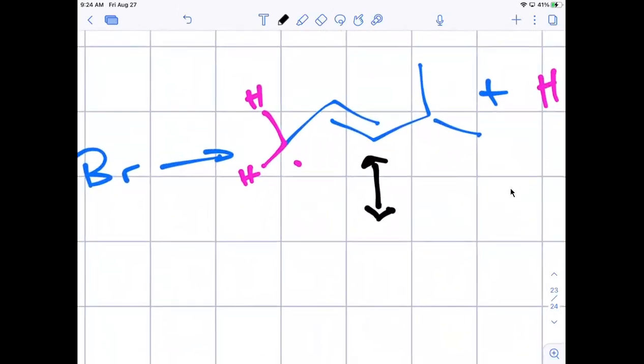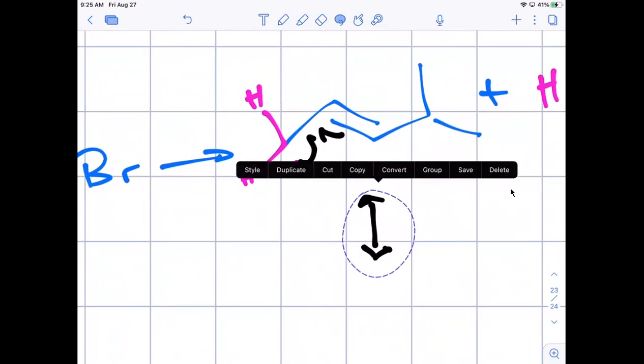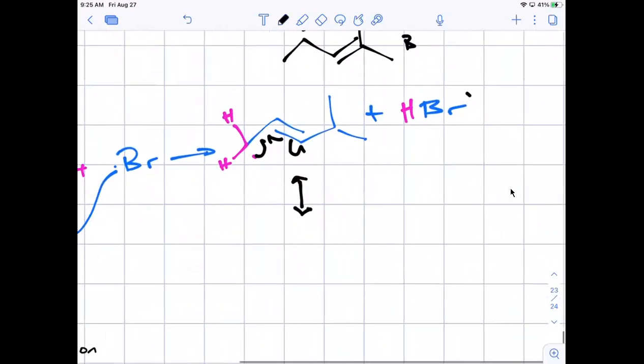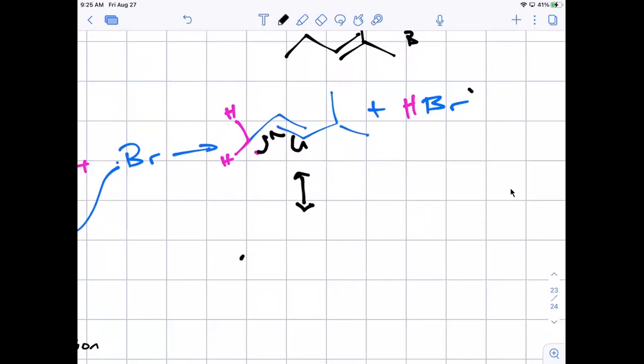It's going to pass an electron here. One electron is going to come from here to make that into a pi bond. And then the other electron is coming here to this carbon. So the resonance form for that one is going to look like this. Boom, now my pi bond is going to be terminal, and I'm going to have a radical right here.